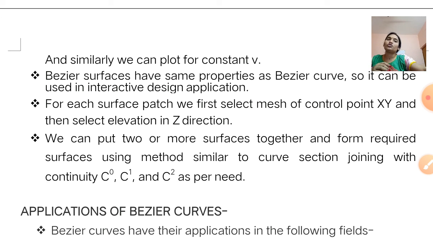C0 means zero order parametric continuity, C1 means first order parametric continuity, C2 means second order parametric continuity. All three parametric continuity conditions are used here.